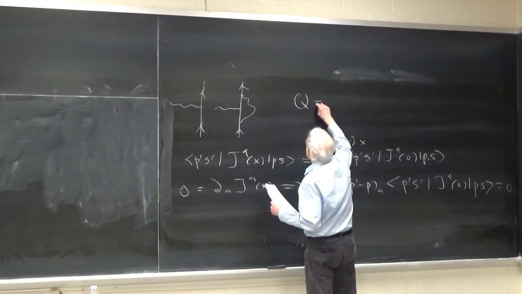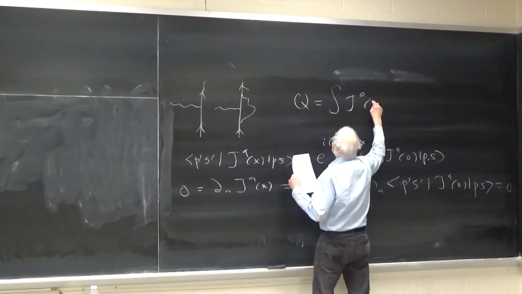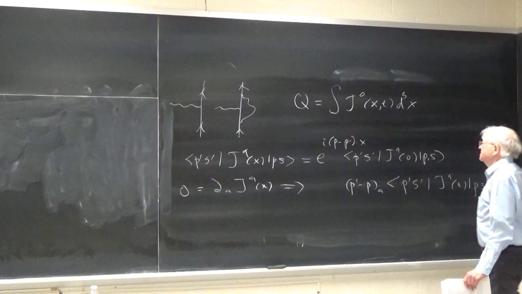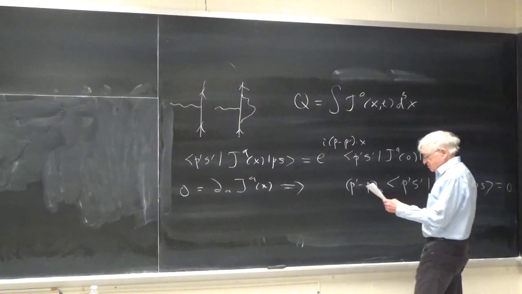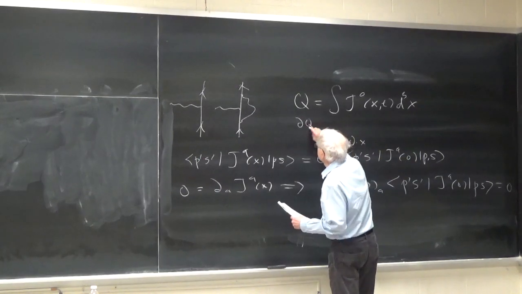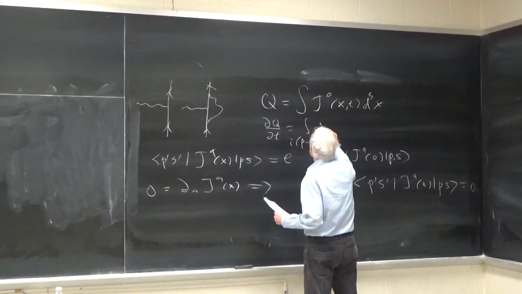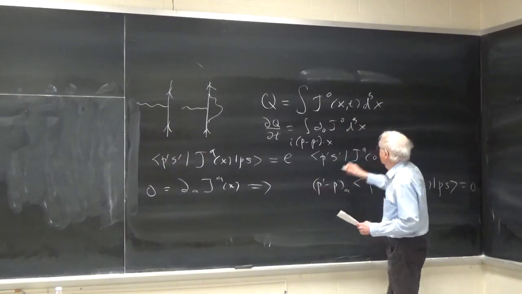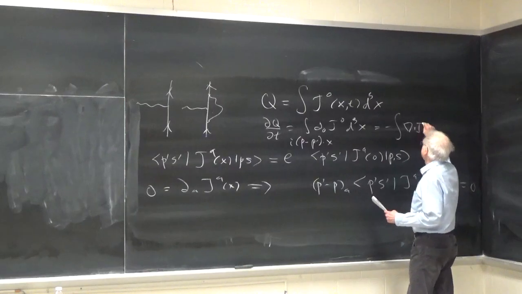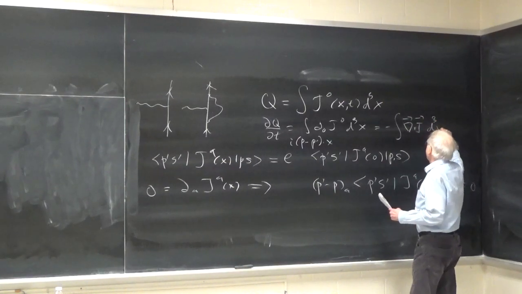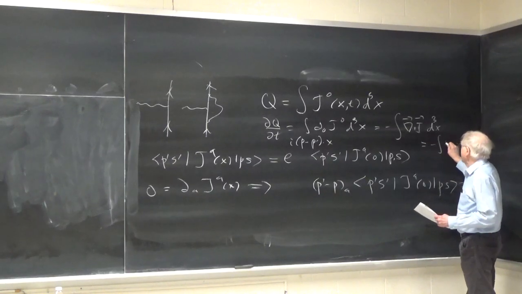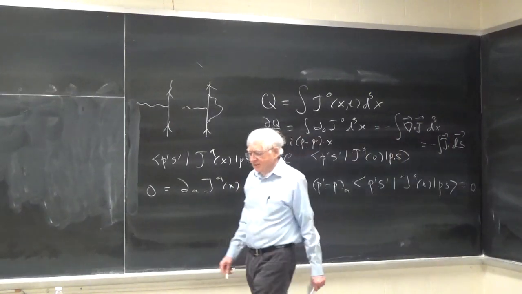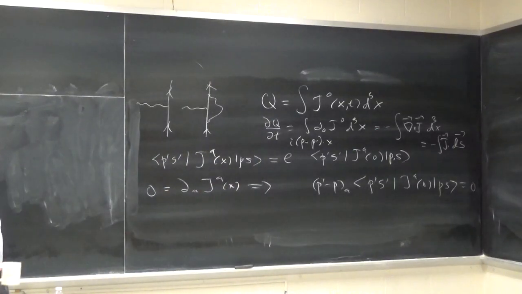Let me now say that the charge Q is the integral of J^0(x) d³x, and because of current conservation, this charge is time independent, in that ∂Q/∂t is an integral of ∂_0 J^0 d³x, which by current conservation is minus an integral of the divergence of J d³x, which we turn into a surface integral of J·dS at spatial infinity, and we just assume that this is 0.